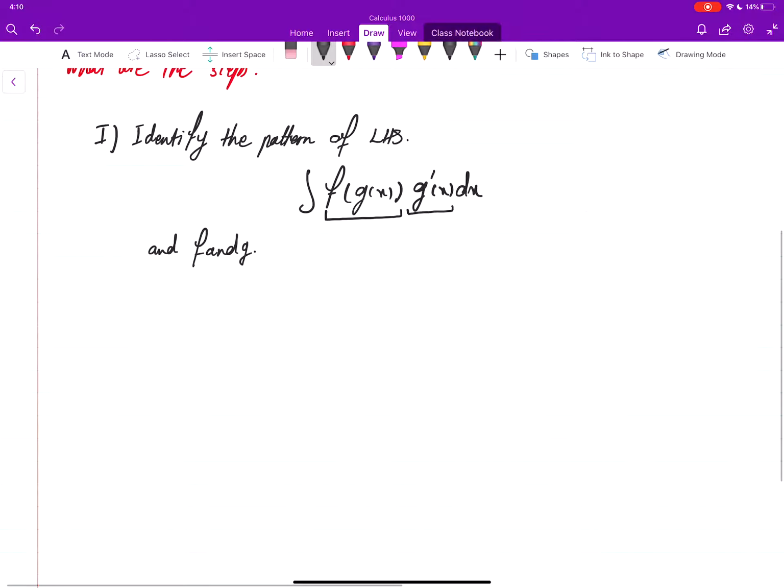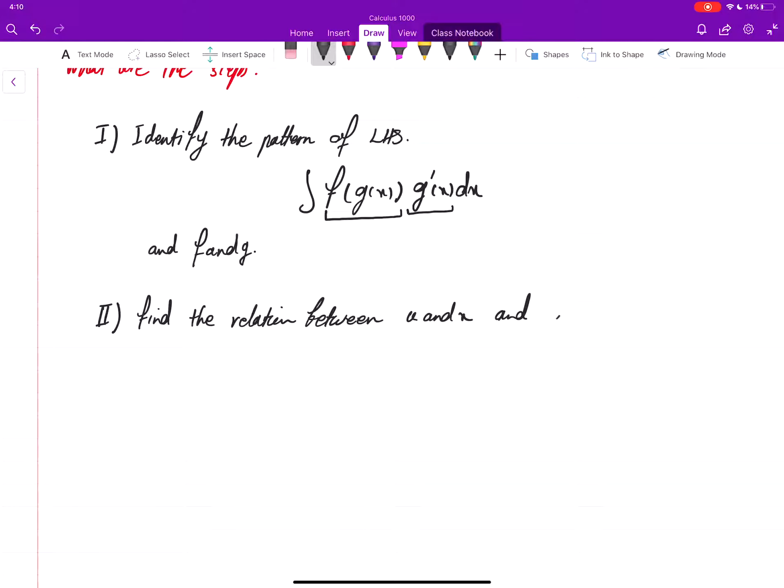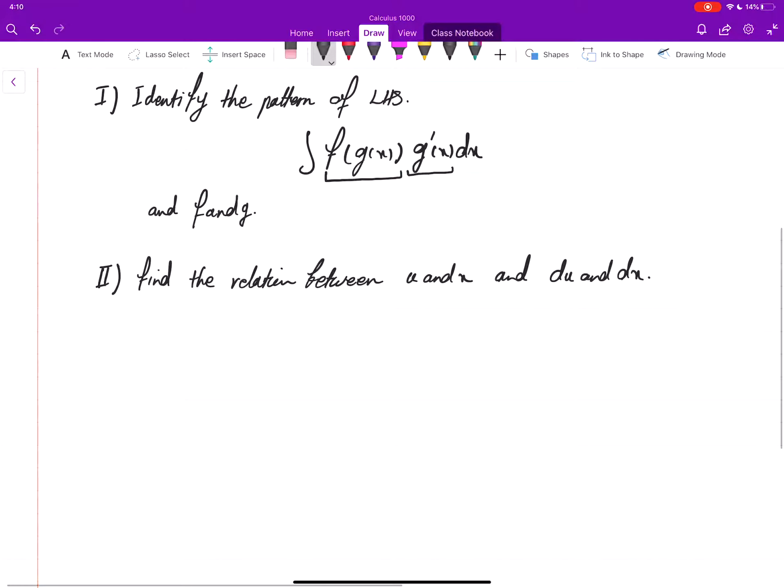If you've done that part, then the main part is done, but now you have to find the relation between u and x, the new variable and x, and du and dx.